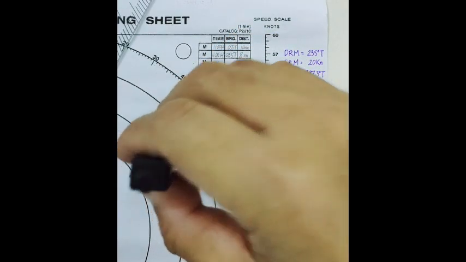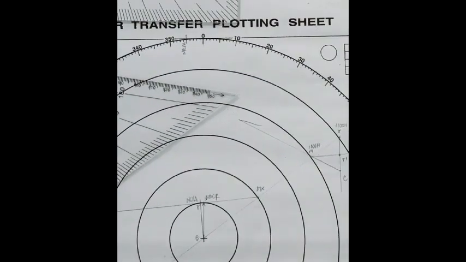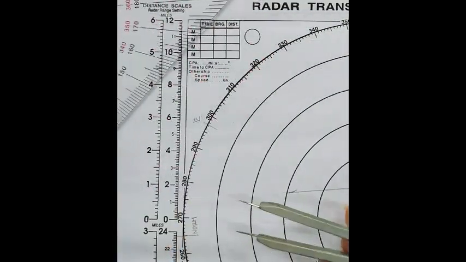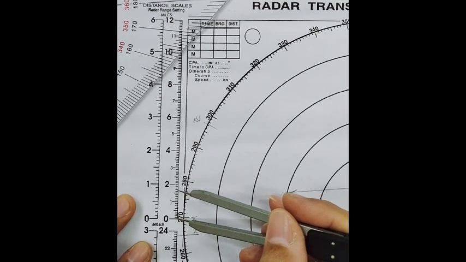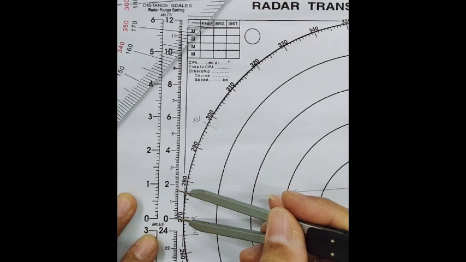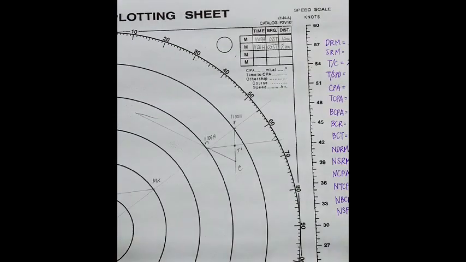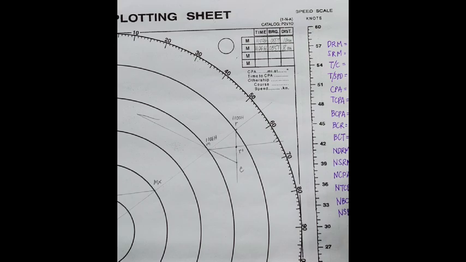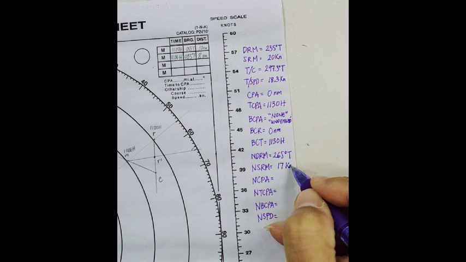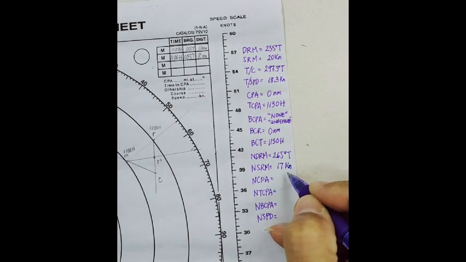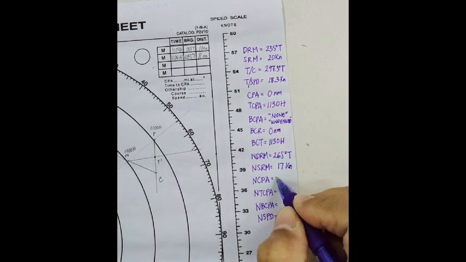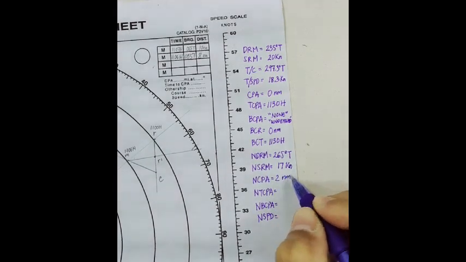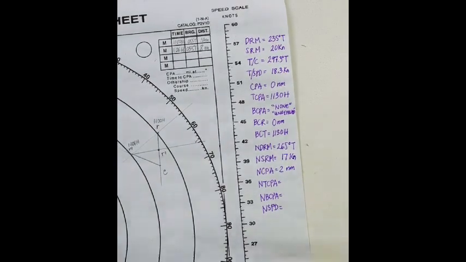Then your new SRM is 17 knots. Your new CPA is required, that is 2 nautical miles. Then measure the distance from M to the new CPA and then divide it by the new SRM, which is 17.